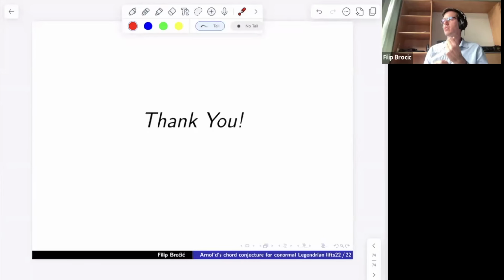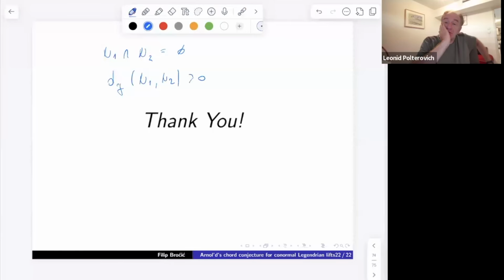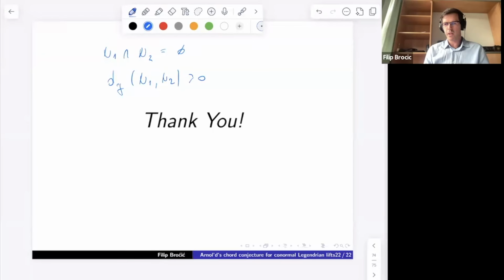So in this case, there is actually another argument which is more elementary. You can just take the distance between. So if you take disjoint manifolds N1 and N2, you can take the Riemannian distance, which is positive, and this will be realized by a geodesic.